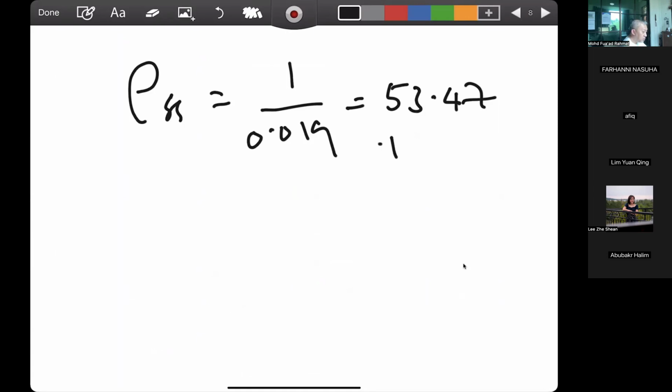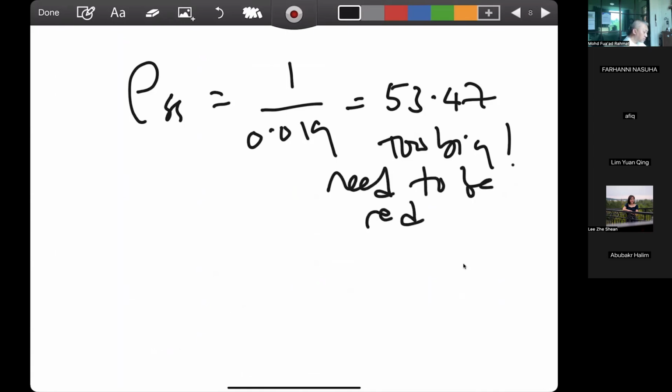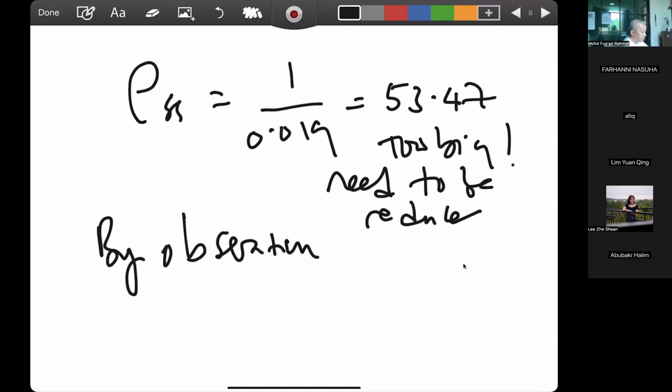Oh, too big. Too big. It must be reduced by observation. Workload.